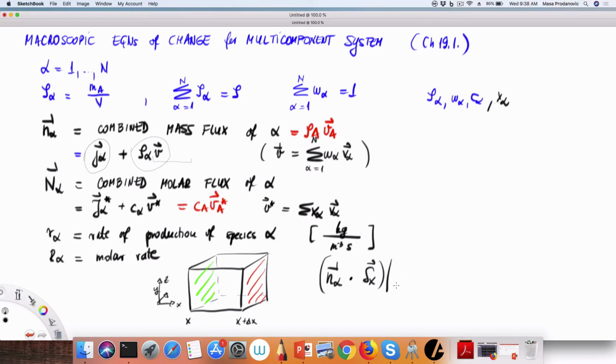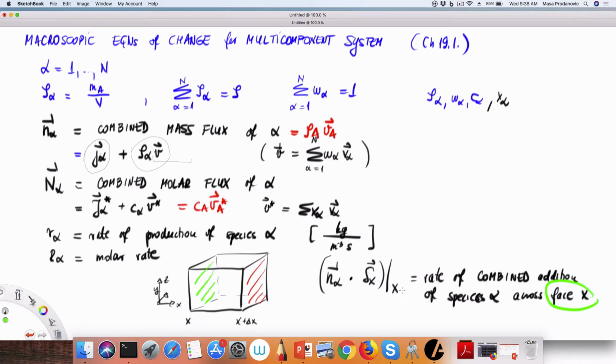Evaluated at x is basically the rate of addition of species alpha across this green phase, right? Combined addition across phase x, which is my green phase, right? And I would just evaluate it at x plus delta x, really.